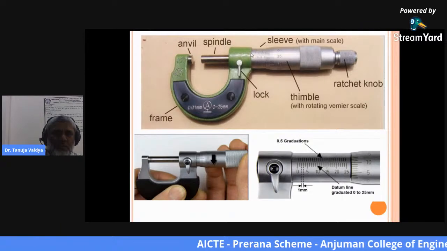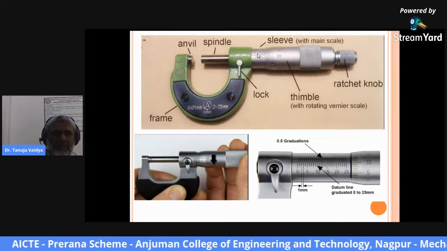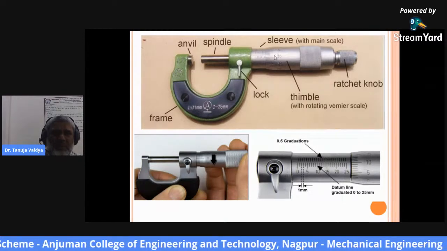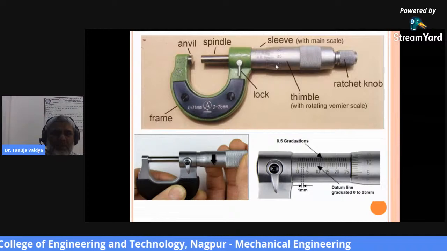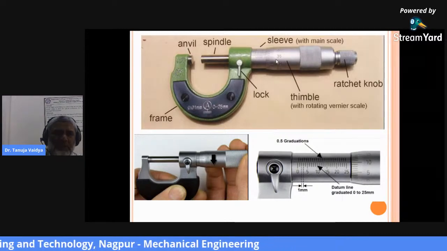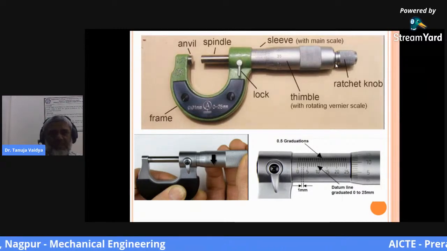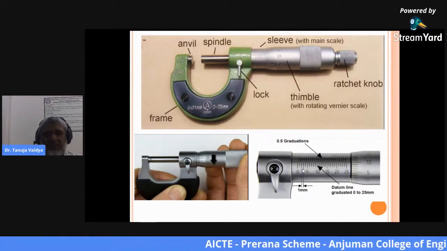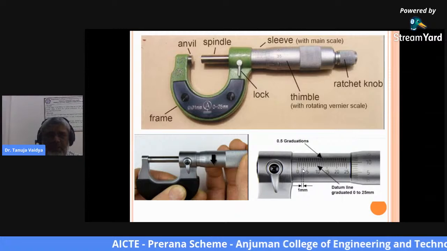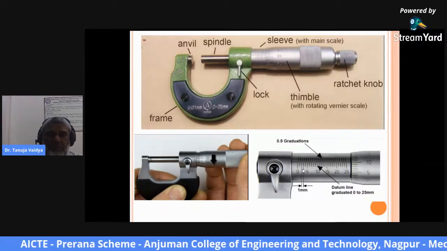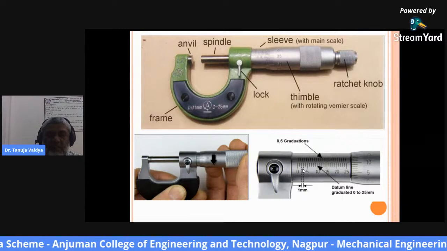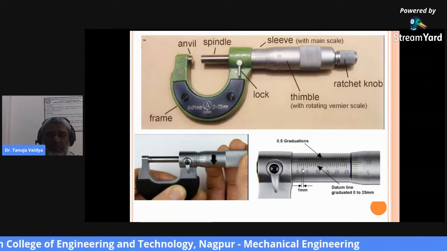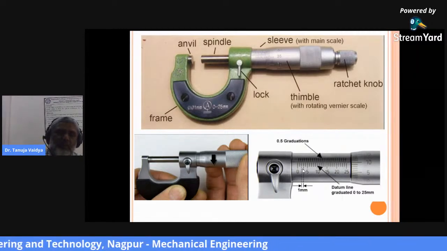This is the U frame, this is the main scale, this shows the 1 mm mark, and this shows the 0.5 mm marks. These are the 50 marks on the thimble, which is also a rotating vernier scale, and this is the ratchet knob. The smallest graduation on the main scale of the micrometer is 0.5 mm.